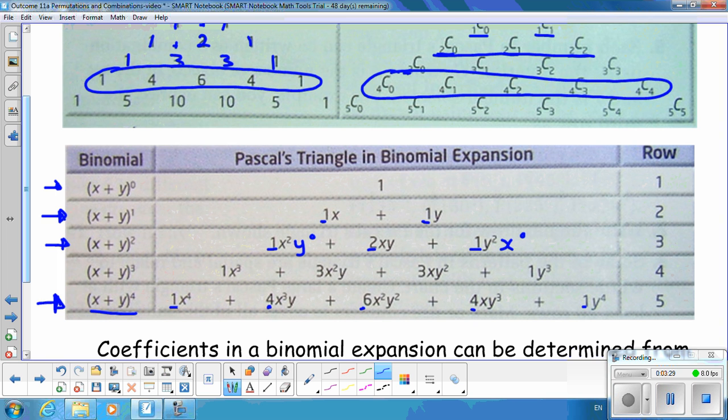Look at what happens to your exponents. The exponents for your x start at 4, go down to 3, 2, 1, and this last term would have an exponent of x to the power of 0. Your y exponents start from a power of 0 here and increase to 1, 2, 3, and 4.